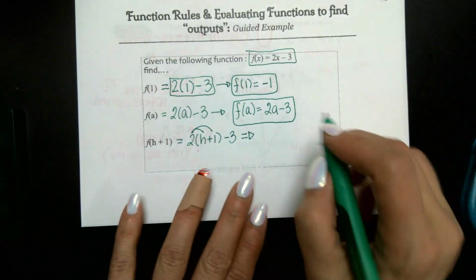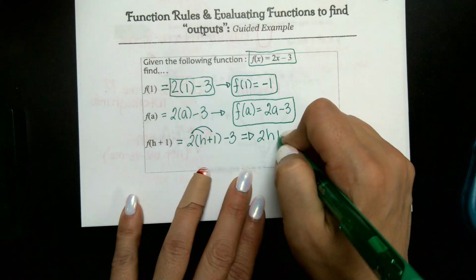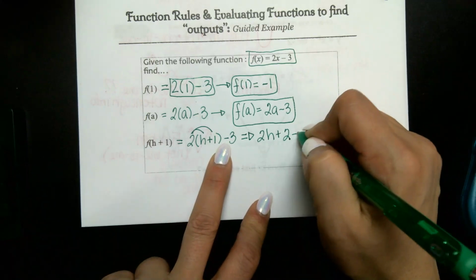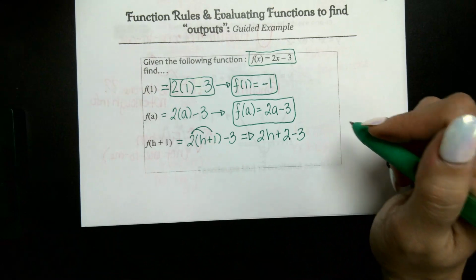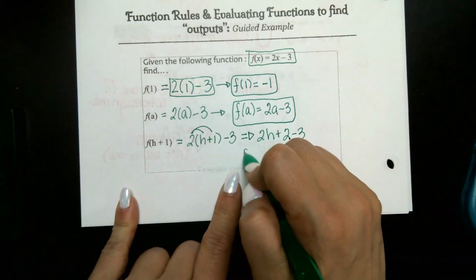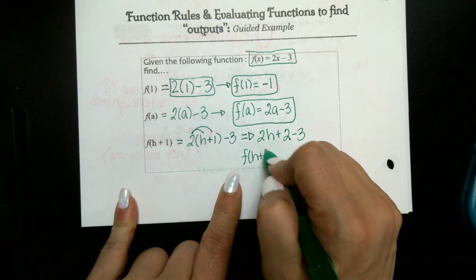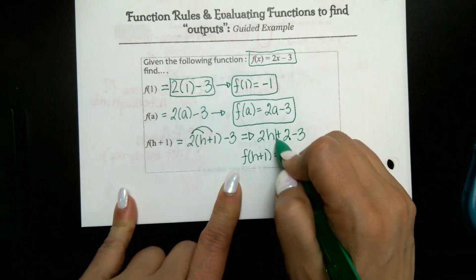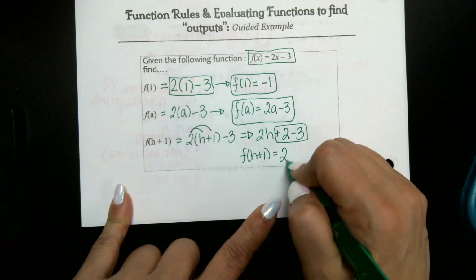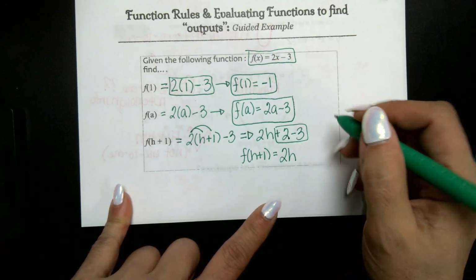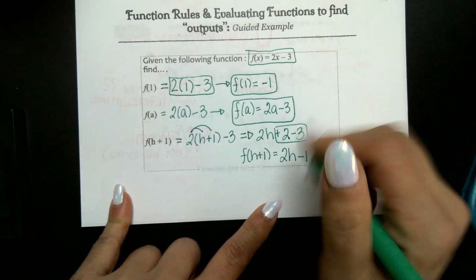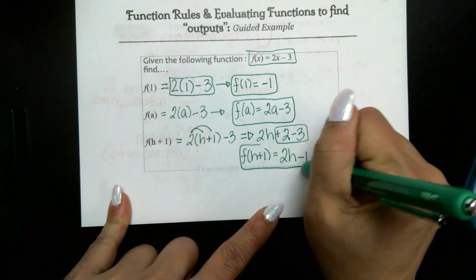Okay, so that would be 2h plus 2. And then we would still have the minus 3. Okay, good. So the only thing we can combine are these two numbers, right? The 2h is just going to hang out by itself, and then what's 2 minus 3? -1. So that would be our final answer.